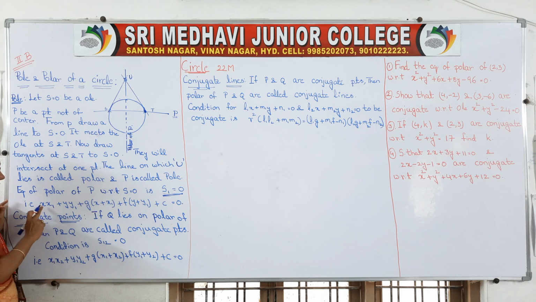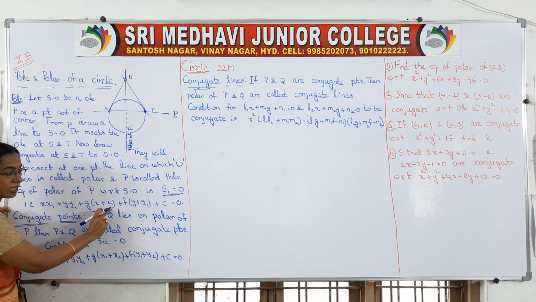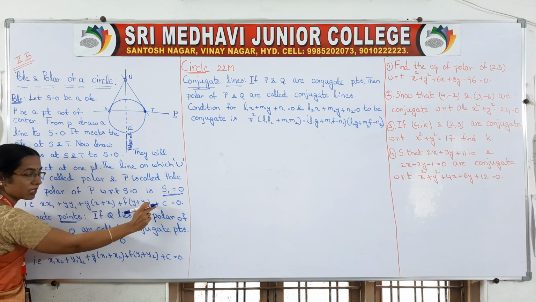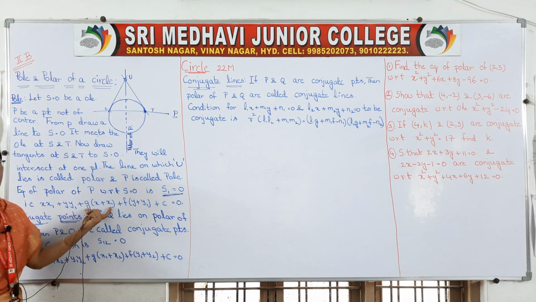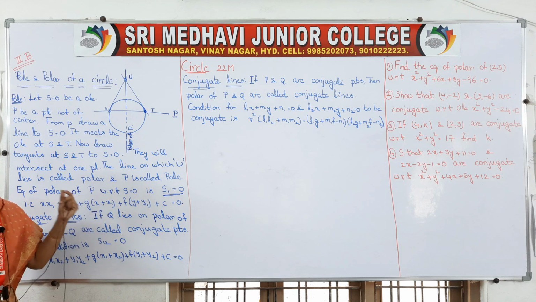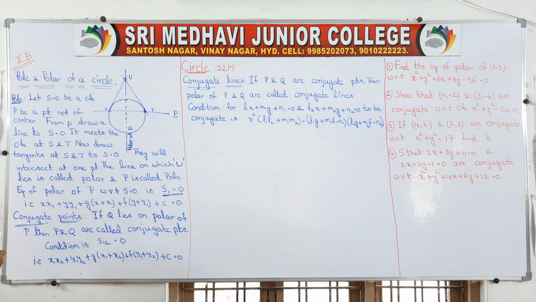So its formula is xx1 + yy1 + g(x + x1) + f(y + y1) + c = 0. This is your equation for the polar. Suppose the question asks, find the polar of the point P with respect to the circle, you have to apply this formula. So this is the definition of pole and polar.